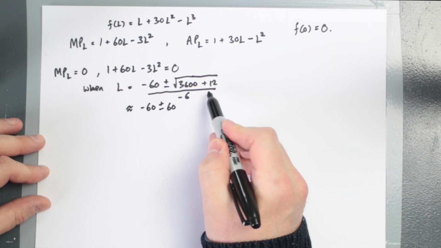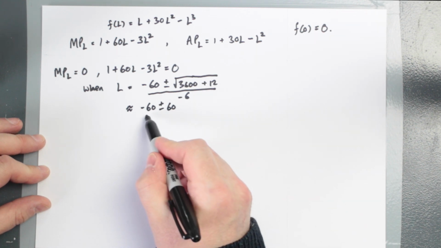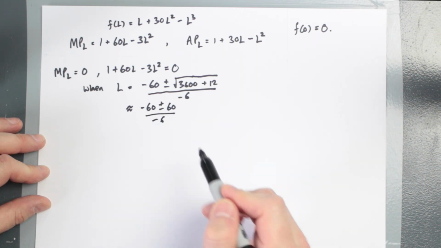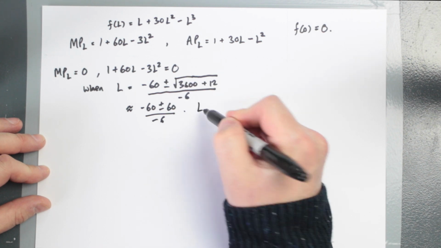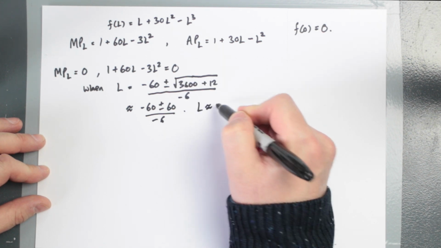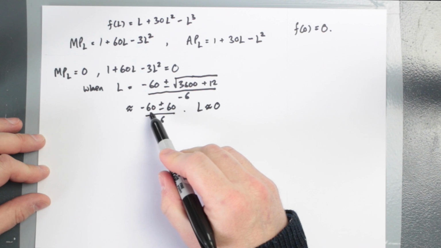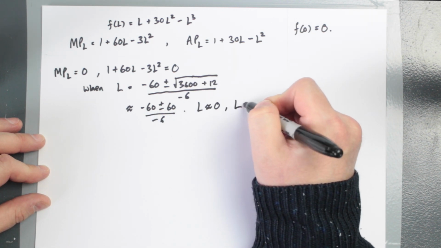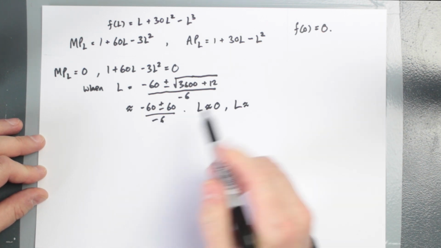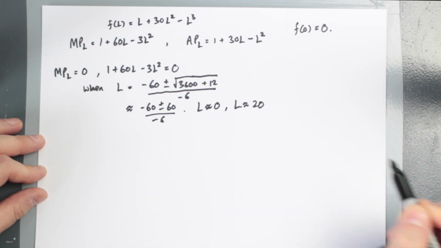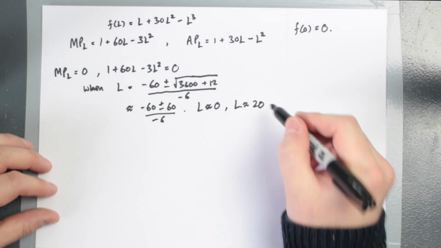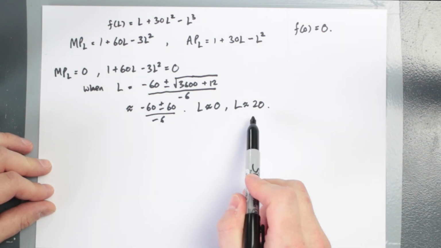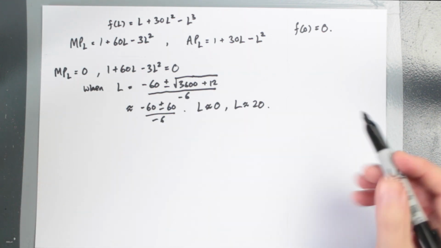It's not exactly 60, but it's approximately, divided by minus 6. In which case I know that L is approximately 0, that would be the minus 60 plus 60, or L is approximately 20. Okay, so it's not exactly 20 where MPL is 0, but it's roundabout.